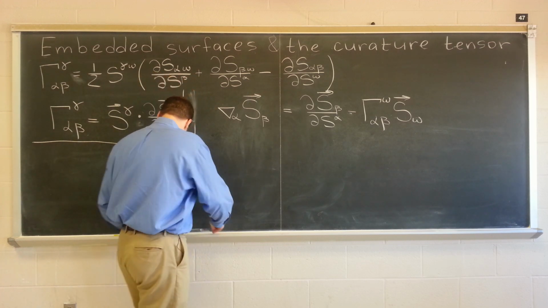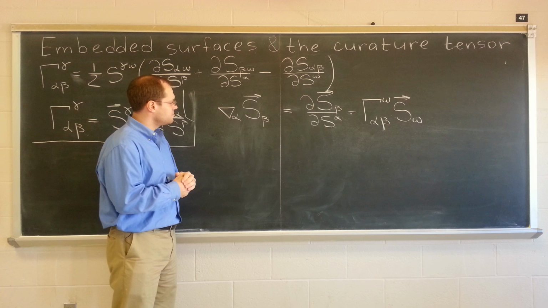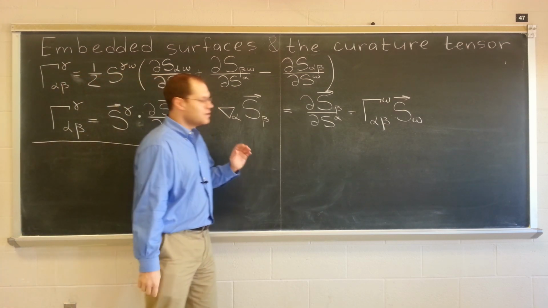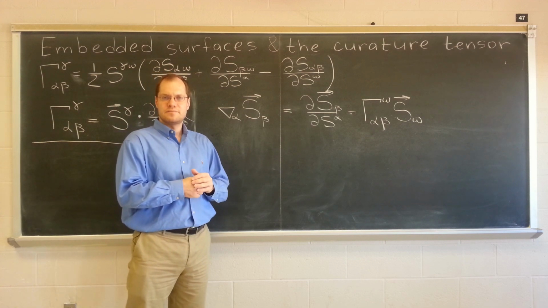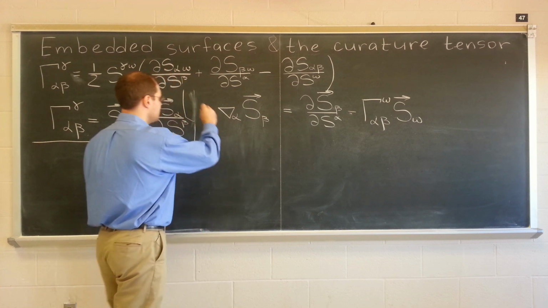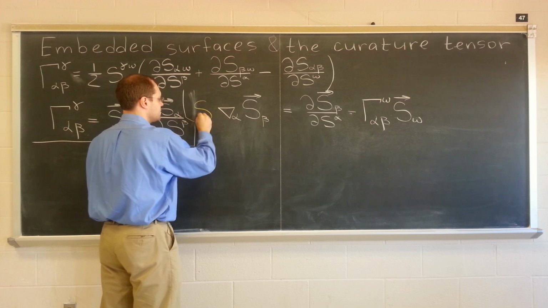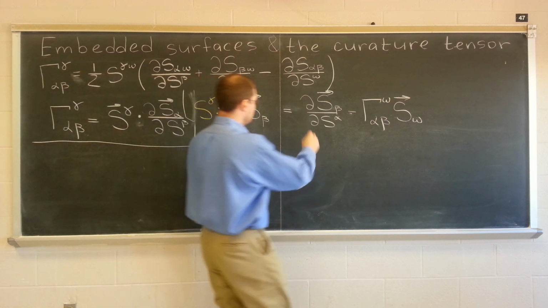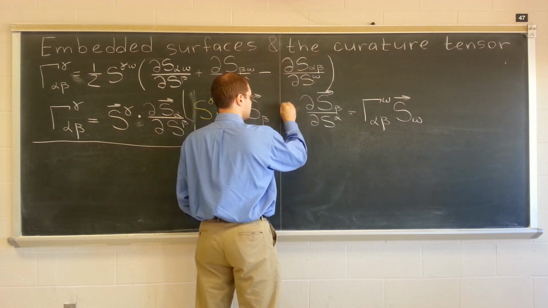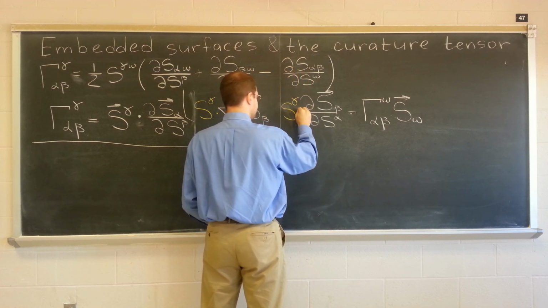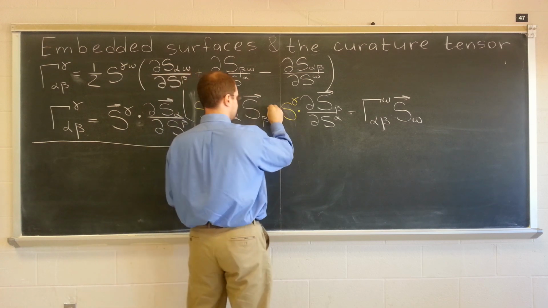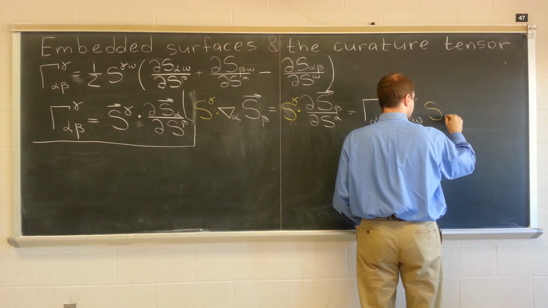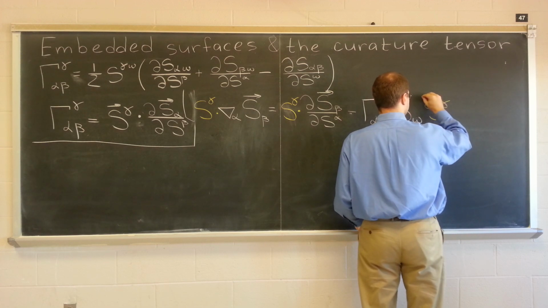Let's dot both sides of this expression. I'll use yellow chalk so you see the contrast with a member of the contravariant basis. So I want to dot both sides of this expression by S gamma. Dot this. Dot this. And dot this. S gamma.